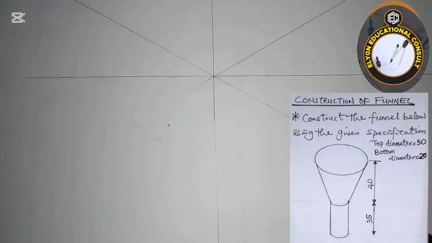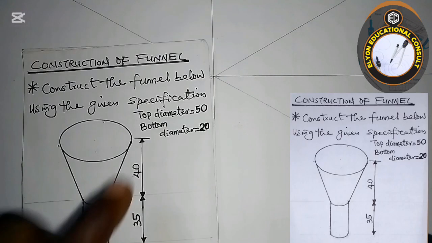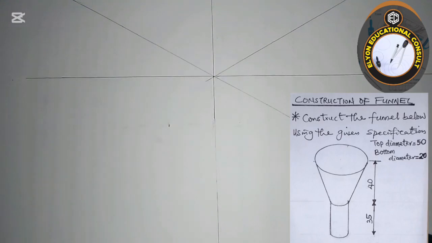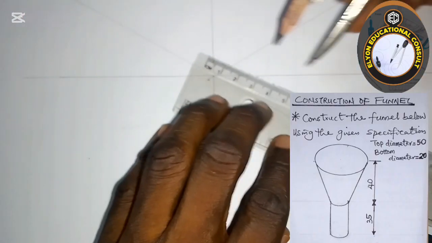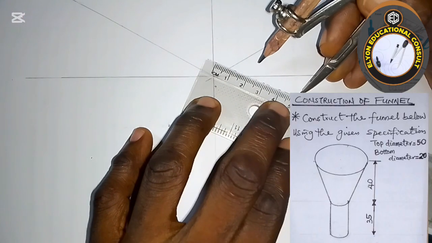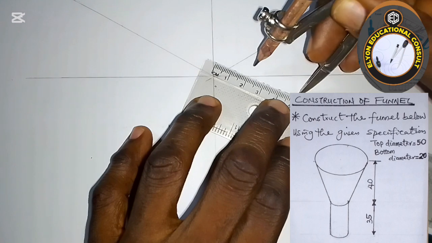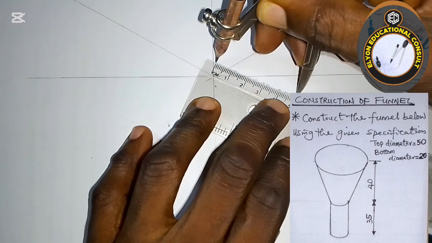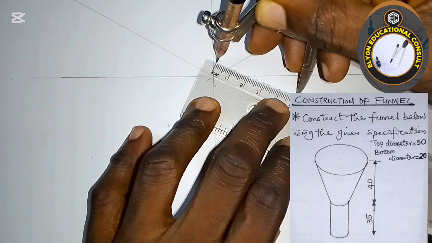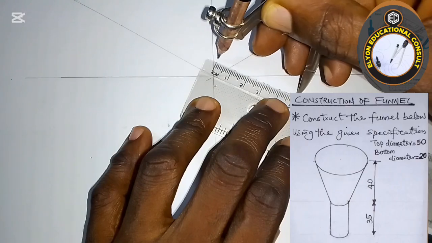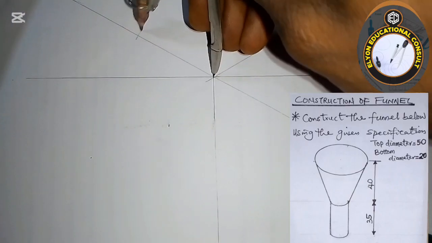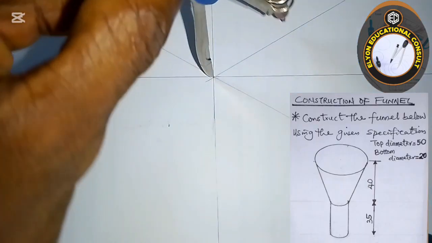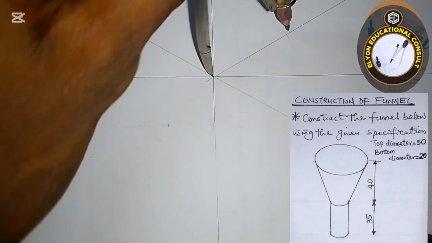this way. So we are given the top diameter to be 50, so I'm making the isometric axis first. Isometric square. So I will take 50. I'll place here, make an arc this way, make an arc this way.